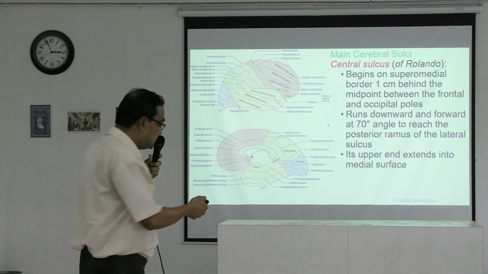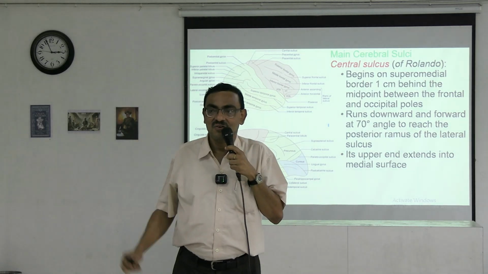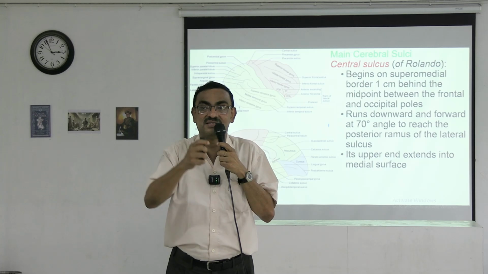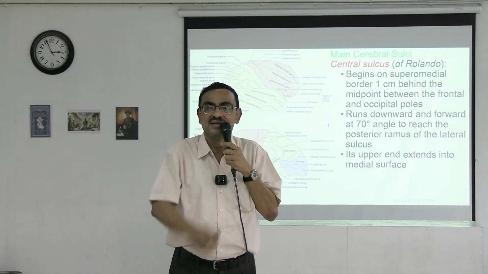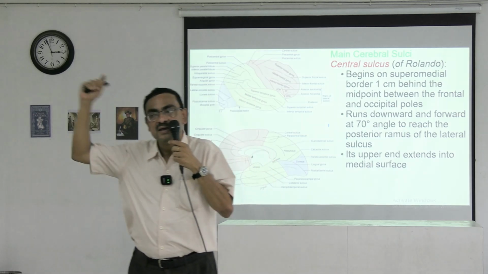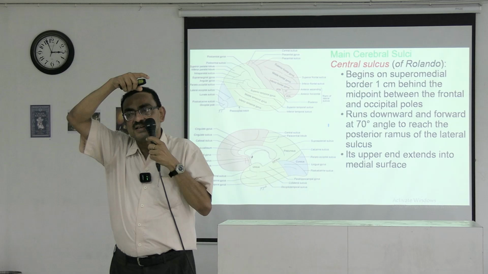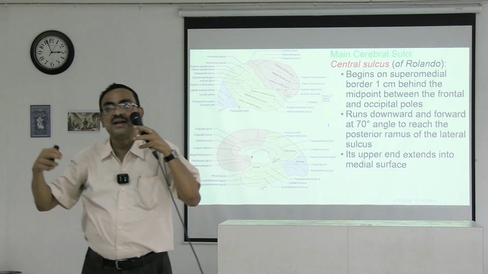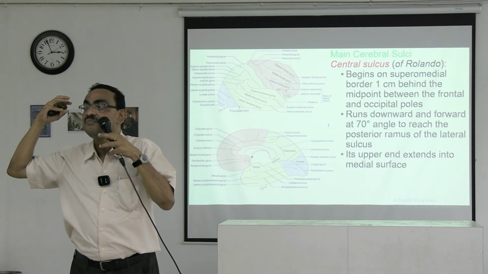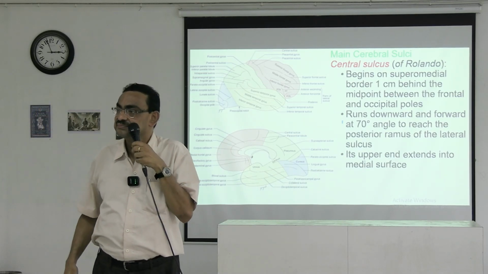Nature has placed this Broca's area on the left cerebral hemisphere in case of a right-handed person, and vice versa. That means in a left-handed person, the Broca's area is situated in the inferior frontal gyrus of the right side.